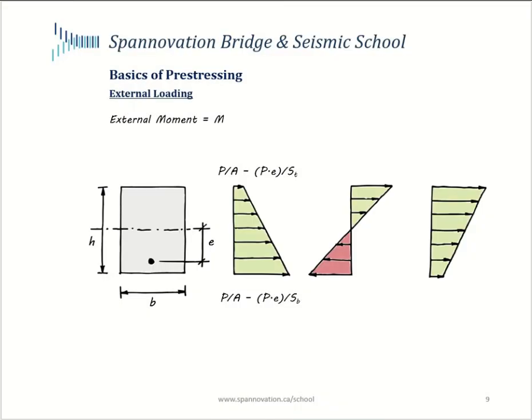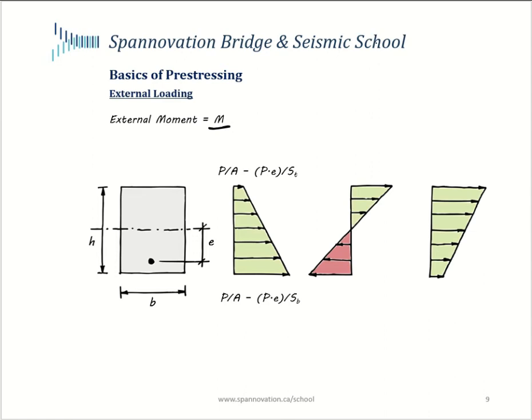Right, so now let's evaluate the effect of external loading on the simply supported beam. Of course, those loads come in from dead loads and live loads. And let's assume that there is an external moment M that's applied to this cross section, which is right at midspan of the beam. So the way we look at that is it's a simple superimposition of the stresses produced by prestressing.